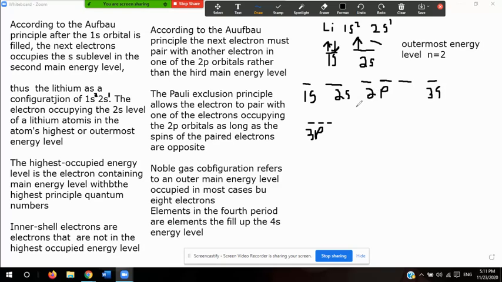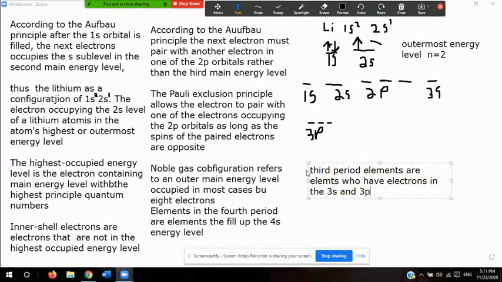Okay, so we call elements of the third period, let me write that here: third period elements are elements who have electrons in the 3s and 3p orbitals. So elements of the third period are those.